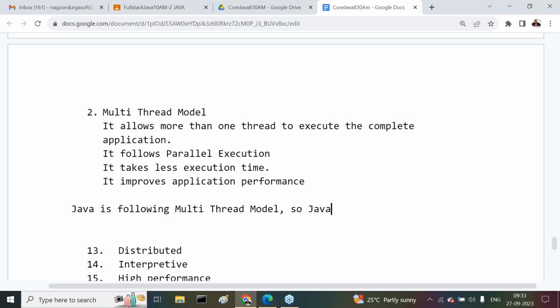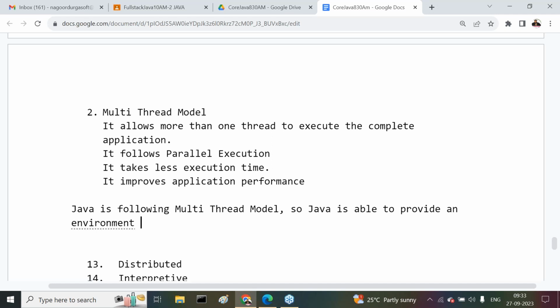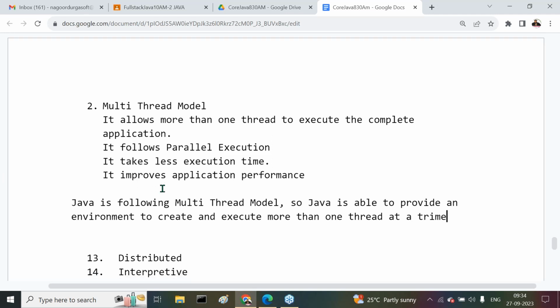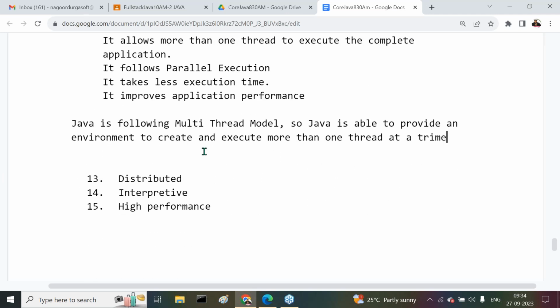So Java is following the multi-thread model. So Java is able to provide an environment to create and execute more than one thread at a time.